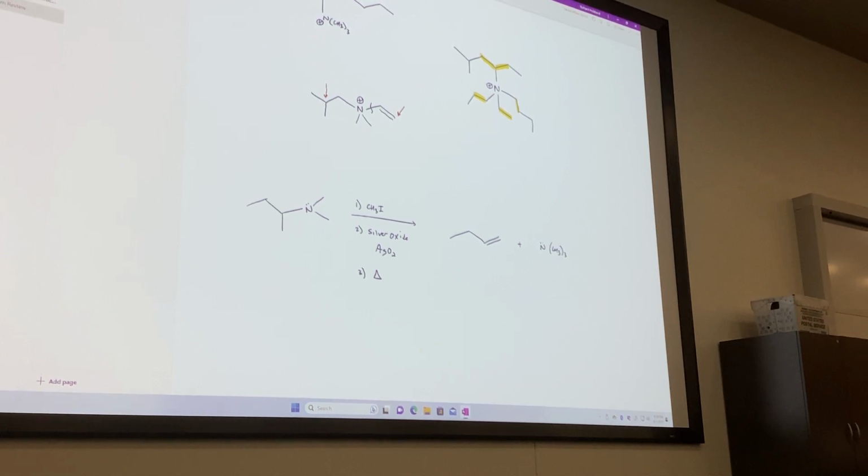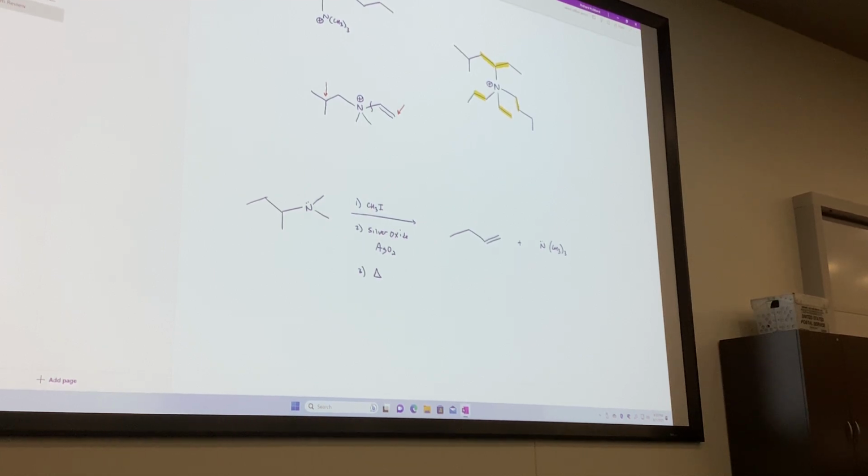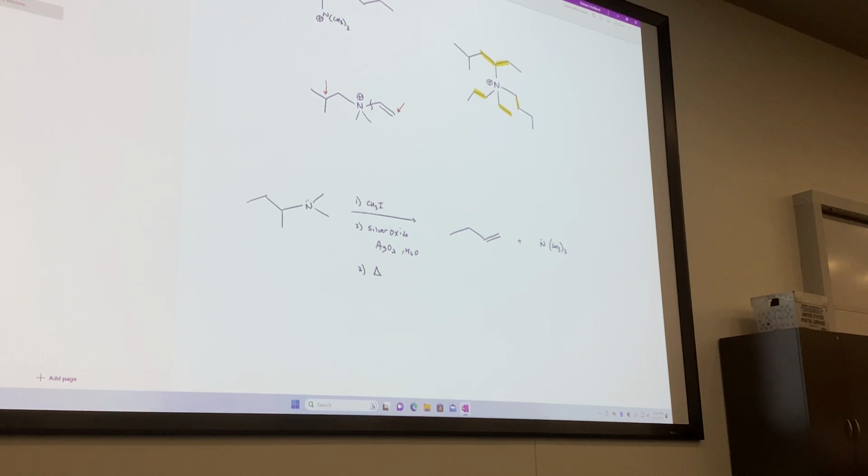So we would have to separate it out. But I see where you're going with that. You said, well, we just don't want to heat it up as the silver oxide is trying to do its work, essentially. Yeah, you have a little bit of water here to give you that source of OH, essentially. Was that the question you had?